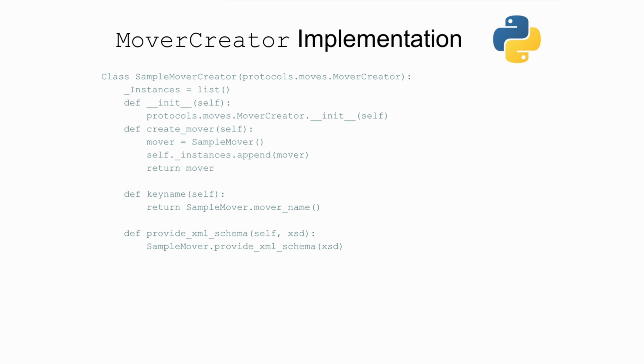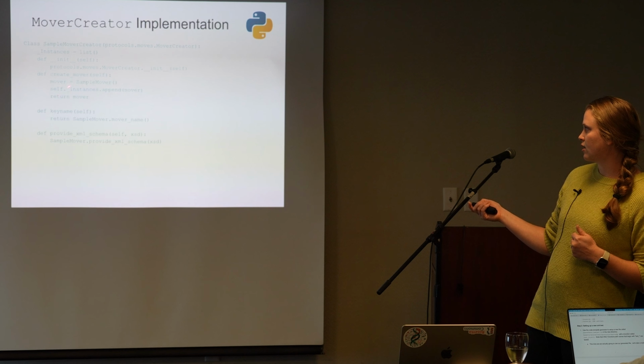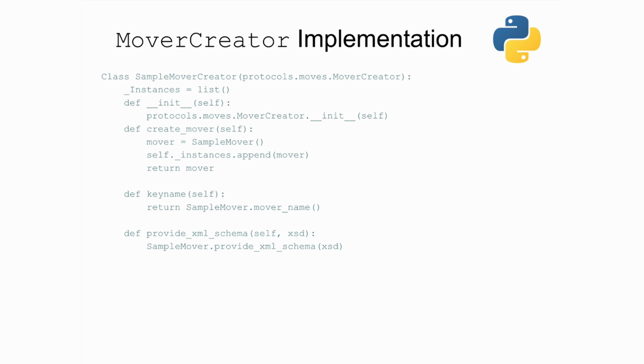You'll have the create mover, the key name, and the provide XML schema, just like the C++ movers had. The key thing here is for the create mover: after you create your mover, so you have mover equals sample mover, you then need to append an instance of that mover to your instances list that you declared up here.